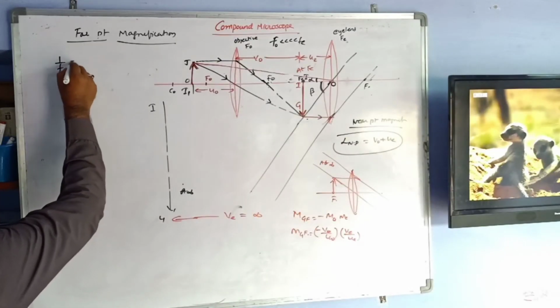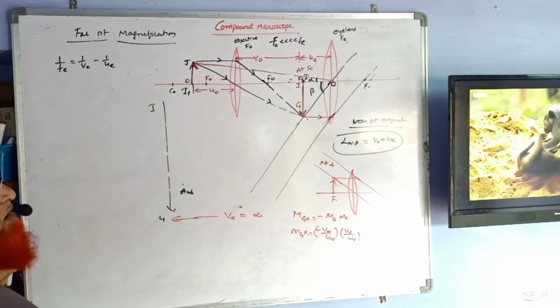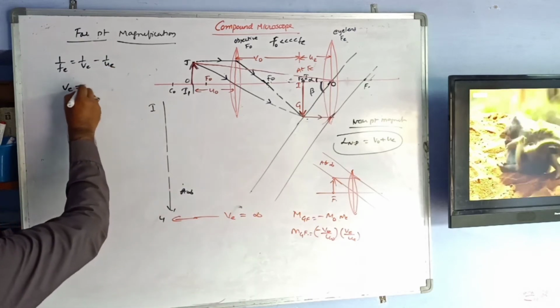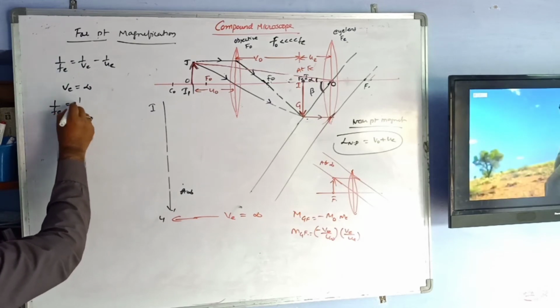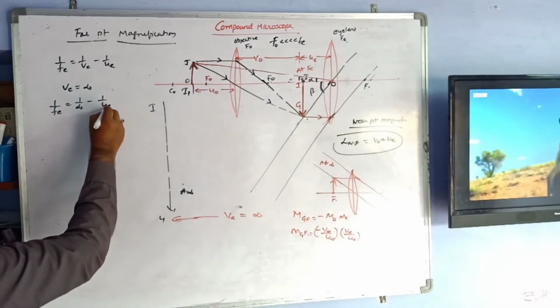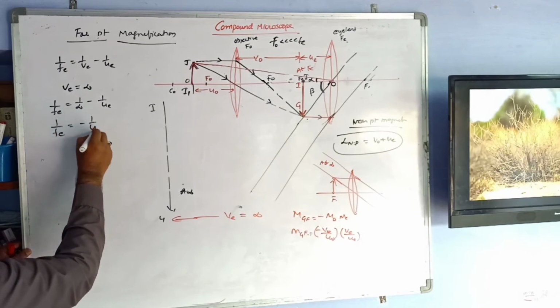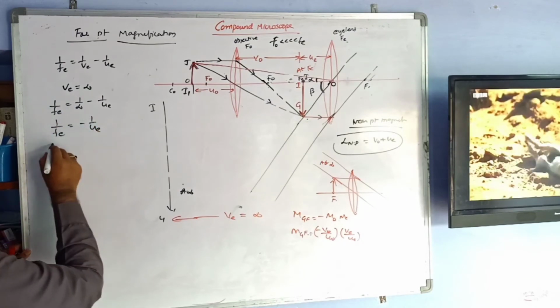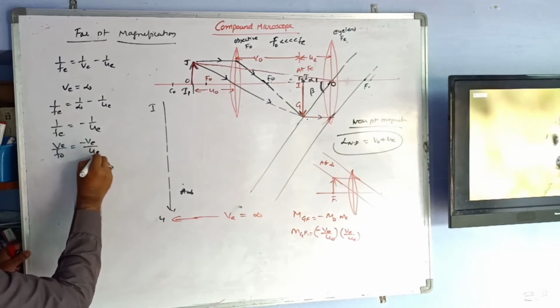We are writing 1 by Fe is equal to 1 by VE minus 1 by UE, as we have written in near point also. But final image is going to be at infinity, so replace VE with infinity. So 1 by Fe is equal to 1 by infinity minus 1 by UE. So this is going to be 0. So 1 by Fe is equal to minus 1 by UE. Multiplying both sides with VE, VE by Fe is equal to minus VE by UE.